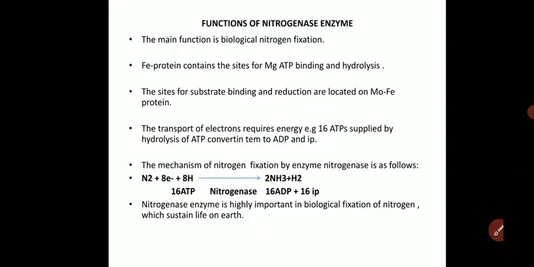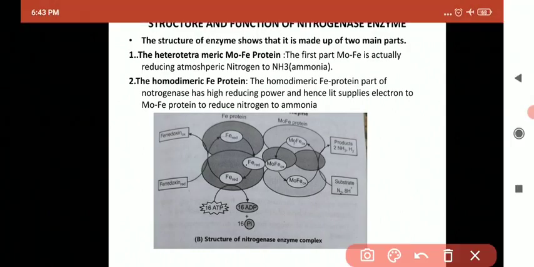Now the sites for substrate binding and reduction are located on the MoFe protein. This is the site for Mg ATP binding, present in the Fe protein, while the site for substrate binding is in the MoFe protein, where the nitrogen fixation actually happens.